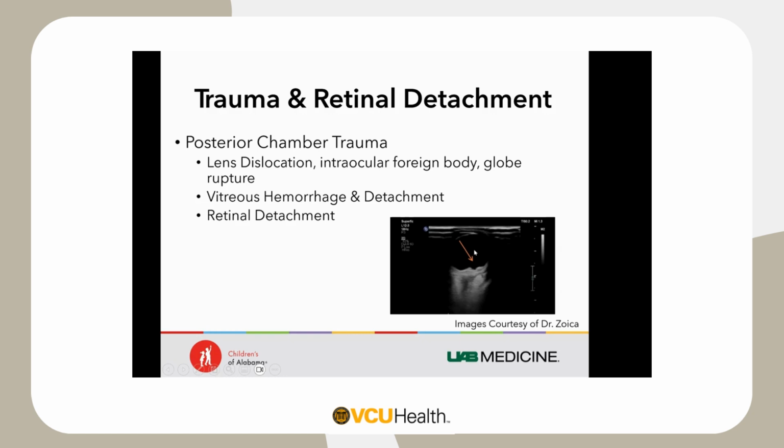It's going to look like a snow globe picture, and it's going to cross midline. It's going to look like it's floating in your screen, as opposed to the retinal detachment, which is better pictured in this screen. You're going to see this serpentine picture of the retina here. It's going to still be attached to your optic disc, and it's not going to cross midline.